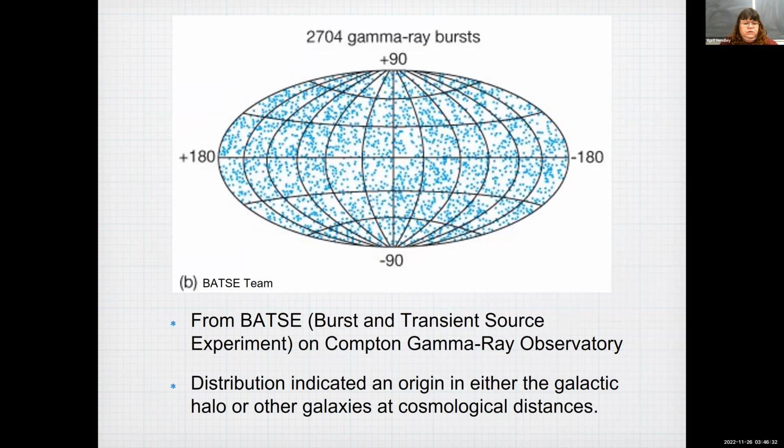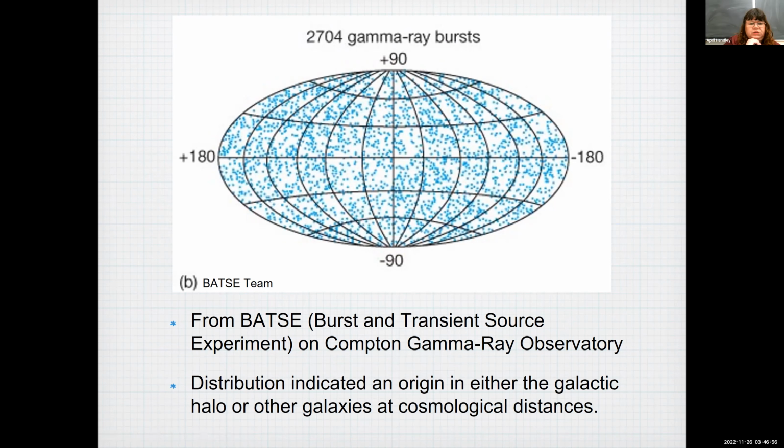And this is from one satellite, the Burst and Transient Source Experiment on the Compton Gamma Ray Observatory. It basically shows the distribution overall on the sky.